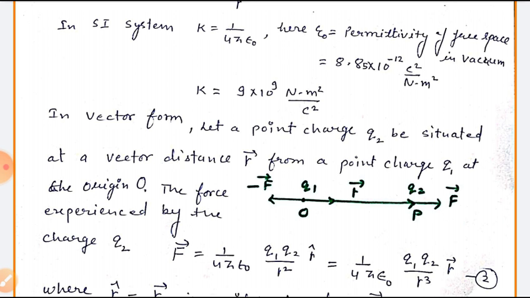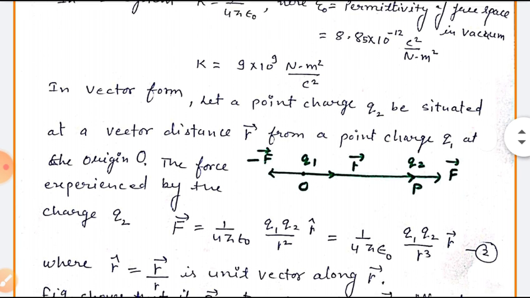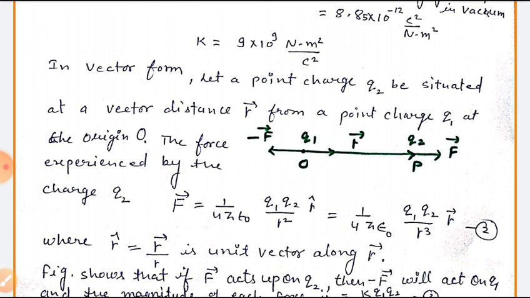It can be written as 1 upon 4 pi epsilon naught q1 q2 upon r cube multiplied by r vector. This is equation number 2. Here r cap is equal to r vector upon magnitude of r, the unit vector along r.